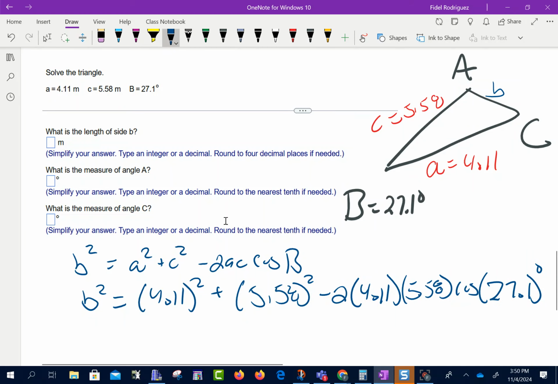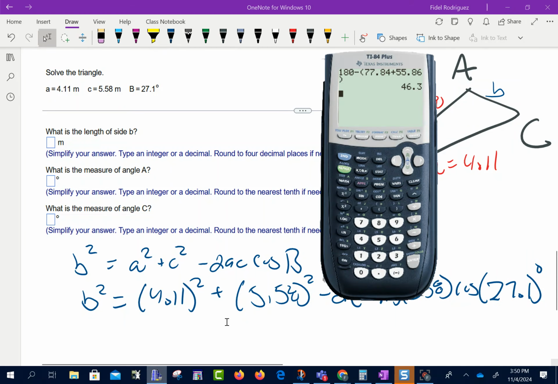Okay. So again, y'all, I'm going to grab my calculator one more time here. Let's clear this guy out. So let's say, what's 4.11 squared plus 5.58 squared minus 2 times 4.11 times 5.58, okay, and then the cosine of 27.1.